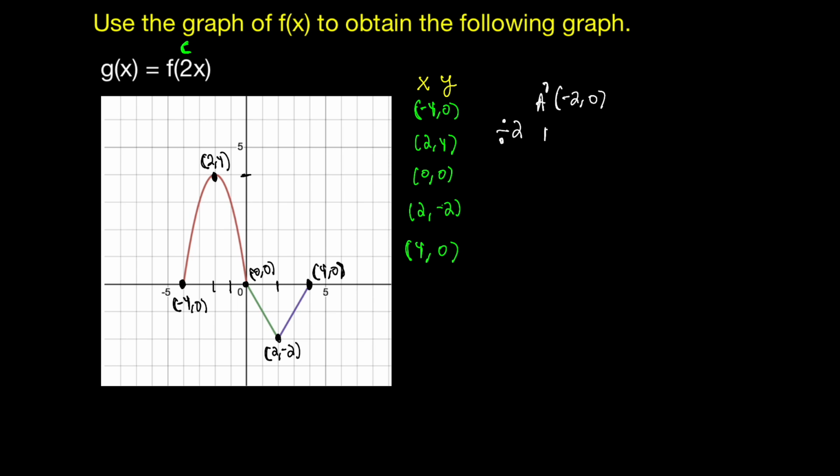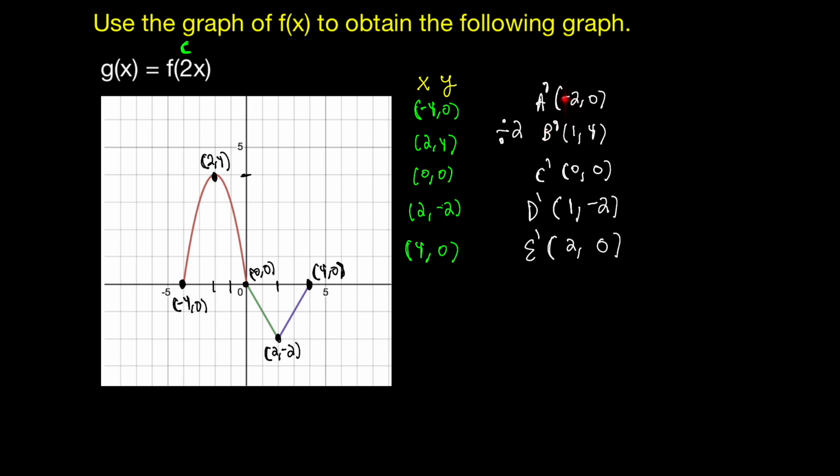B prime is going to be 1, 4, since 2 divided by 2 is 1. C prime, nothing is going to change, since we have the origin, 0 divided by 2 is still 0. For D prime, we're going to have 1, -2. And then for E prime, we're going to have 2, 0.